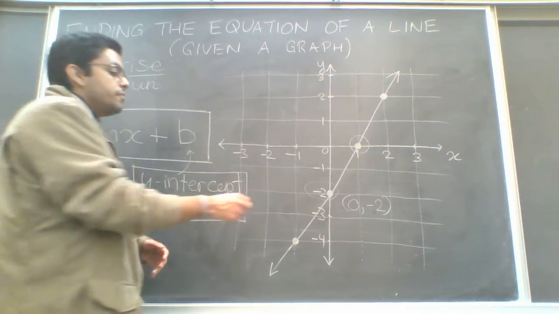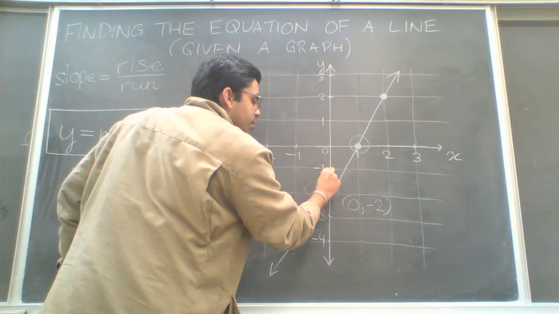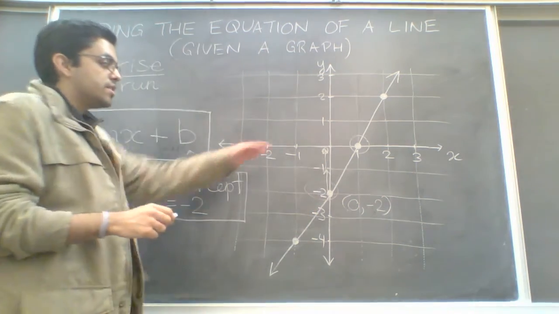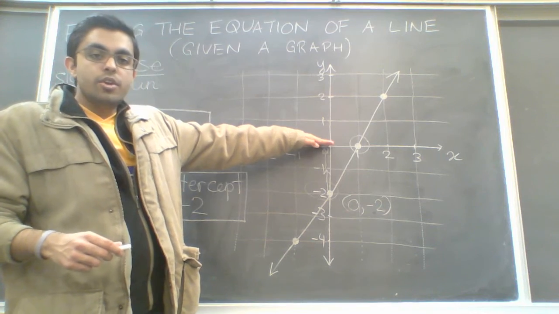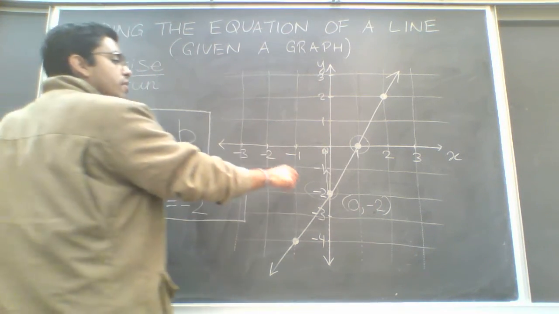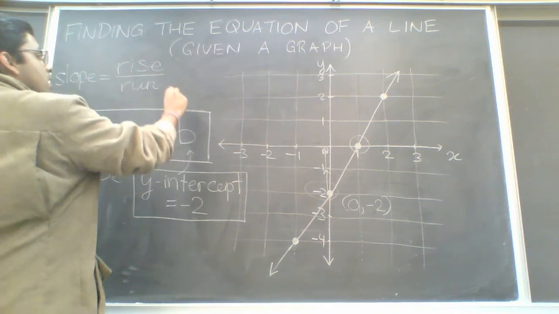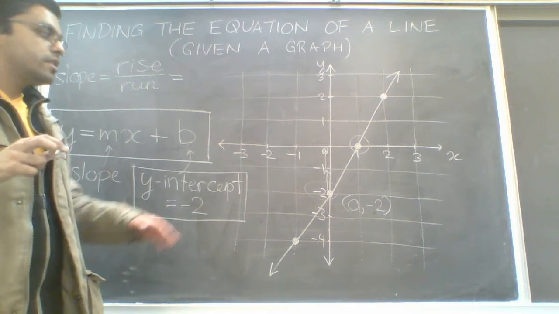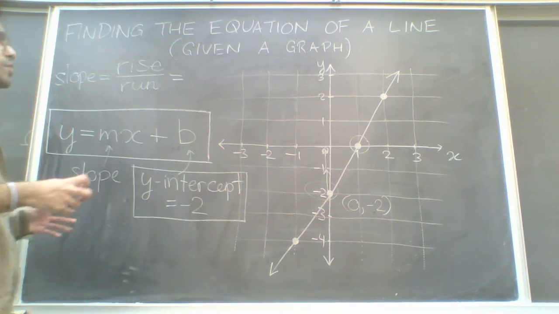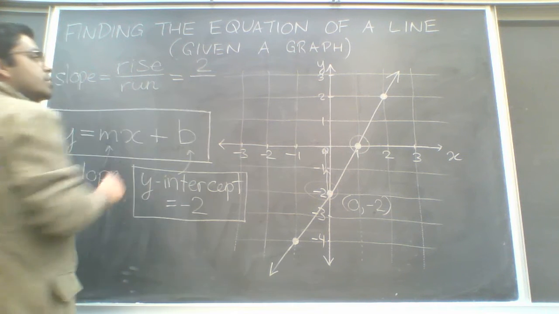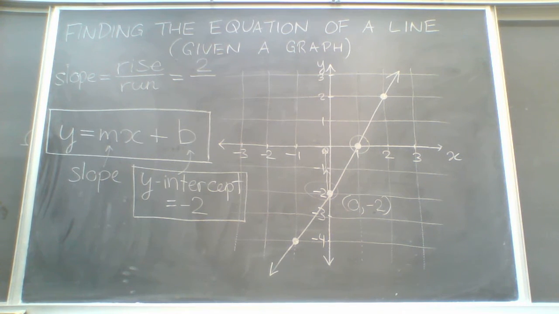So from here, if we move up 1 unit, that'll bring us to -1. If we move up a second unit, that'll bring us exactly in line with that next point over there. So this is telling us that we have to move up 2 units in order to be in line with that next point. So if we're moving up 2 units, that means our rise is going to be 2. All right, does that make sense?